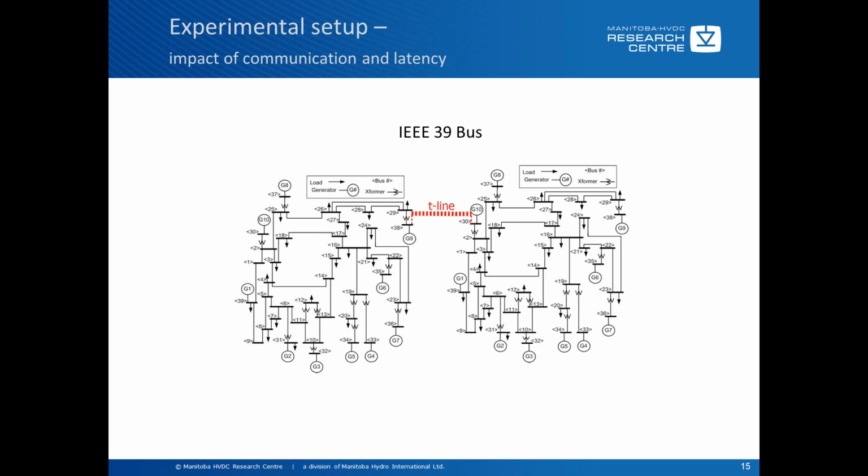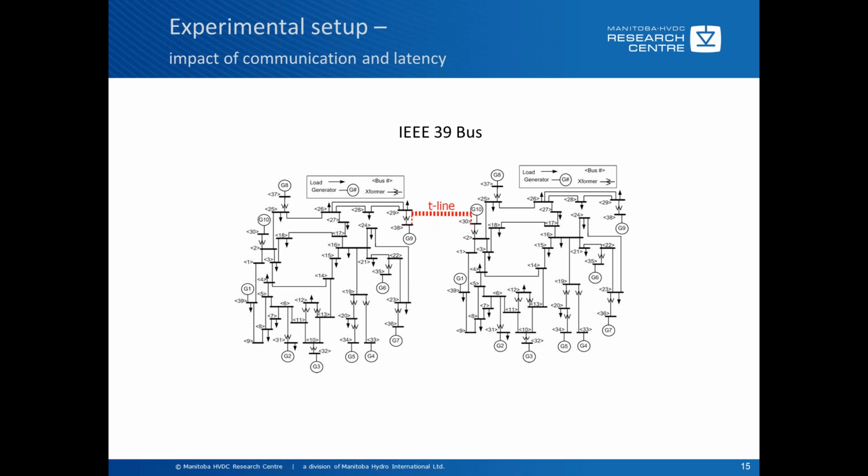So our early test was to just take 39 bus IEEE cases and tie them together with a fictitious transmission line. Now, as in the previous webinar, the decoupling point is the transmission line. This is a well-known technique that's been used for many years in real-time systems and other software implementations to break apart the subsystems such that they can be computed independently.